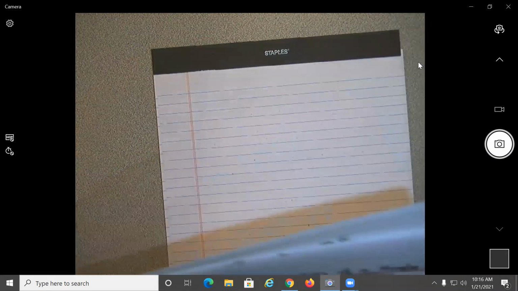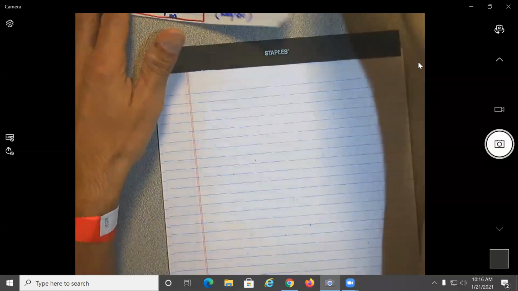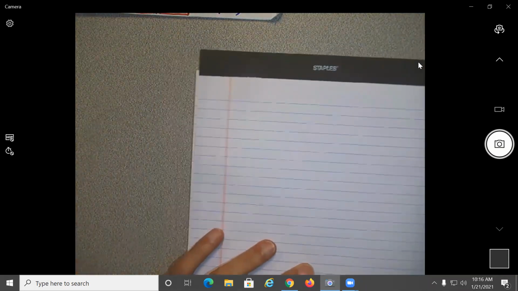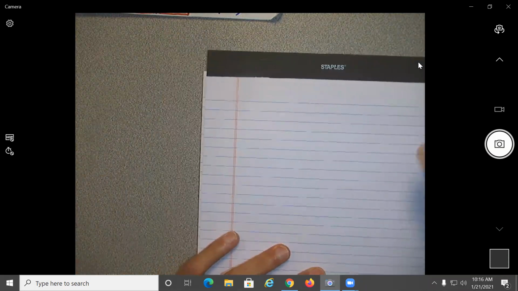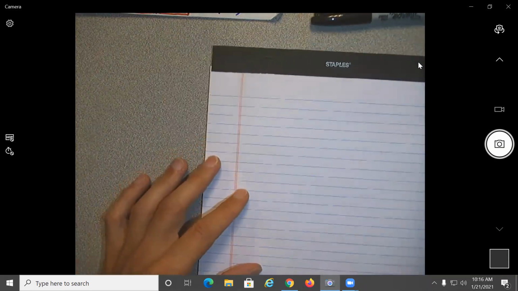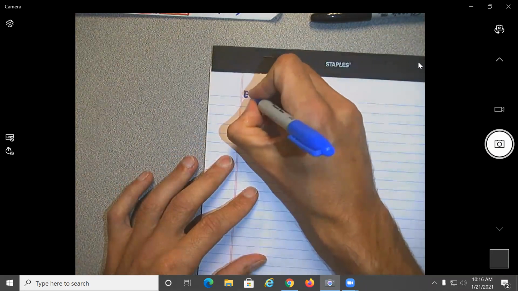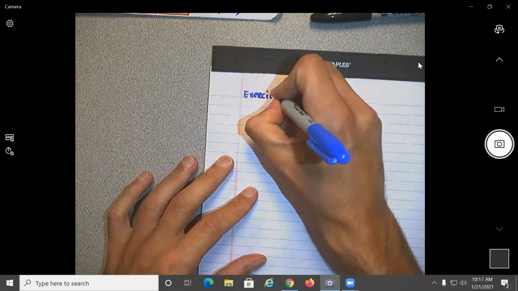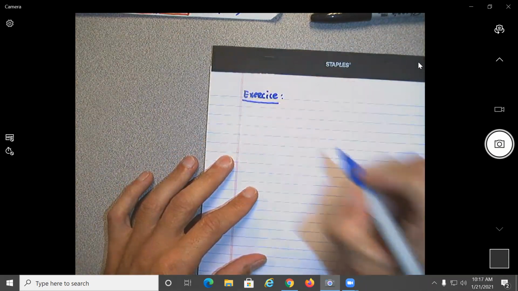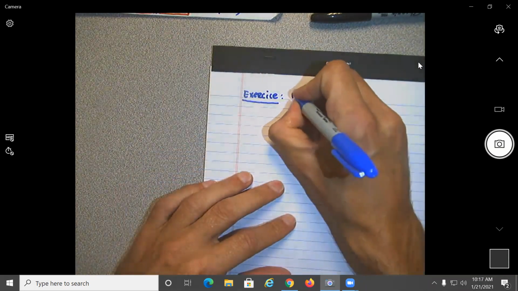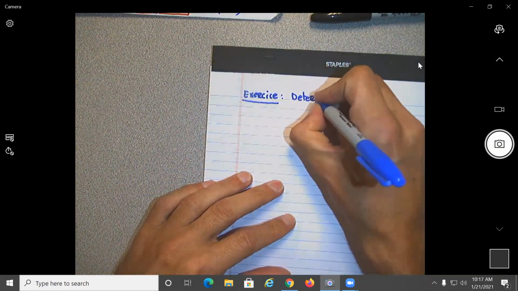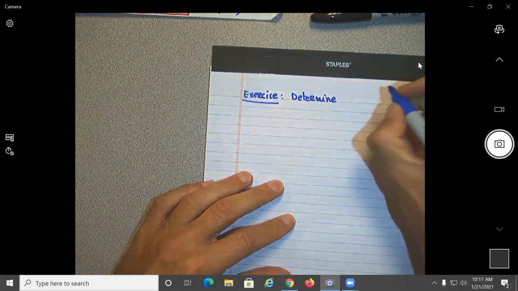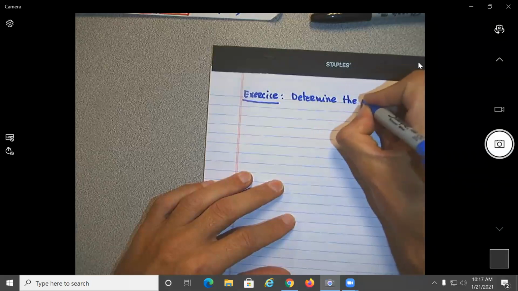Okay, so let's do a little problem now. So the exercise is to determine the equation of motion.